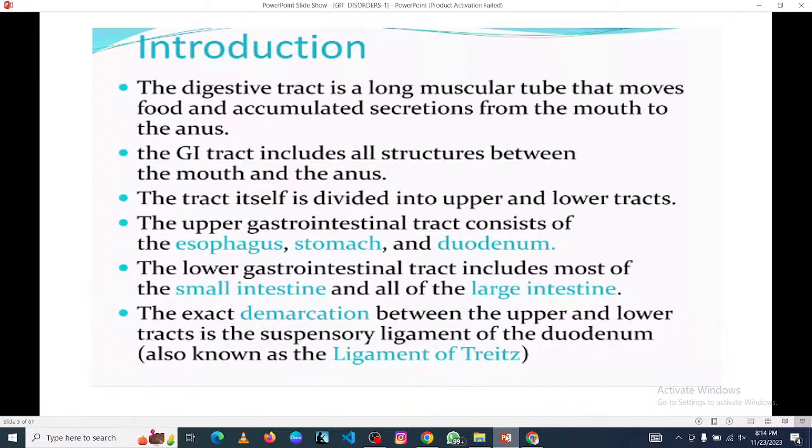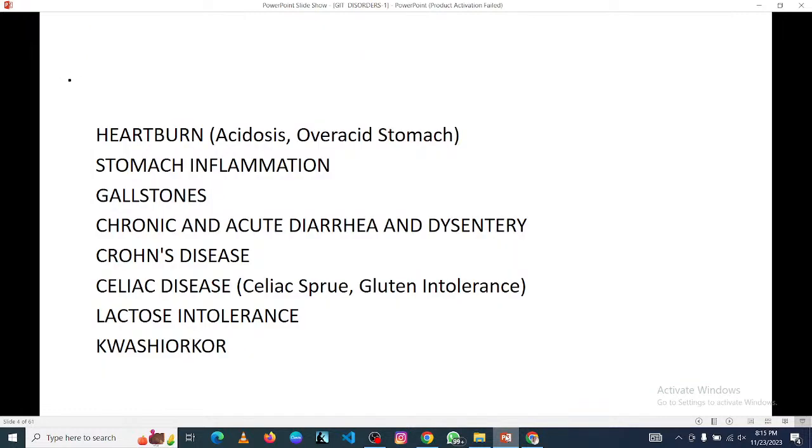Actually, there are four. The exact demarcation between the upper and the lower tract is the suspensory ligament of the duodenum, also known as the ligament of Treitz, which is not really that significant to us clinically as medical missionaries.